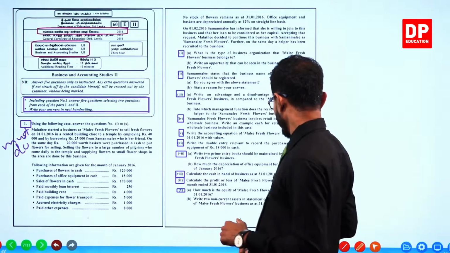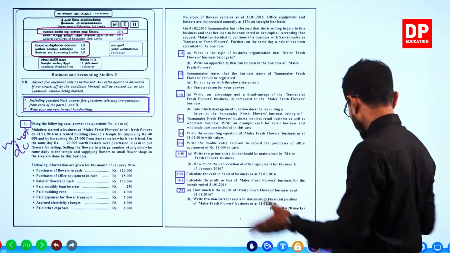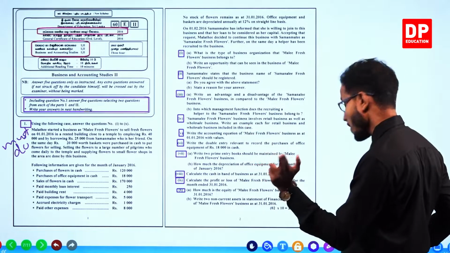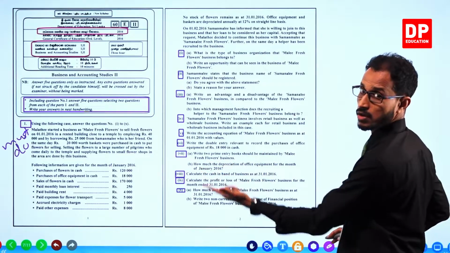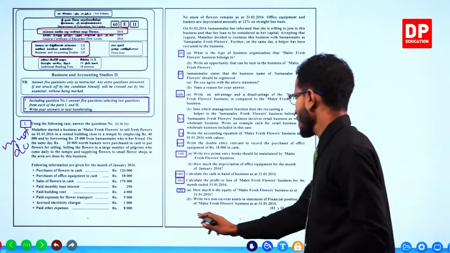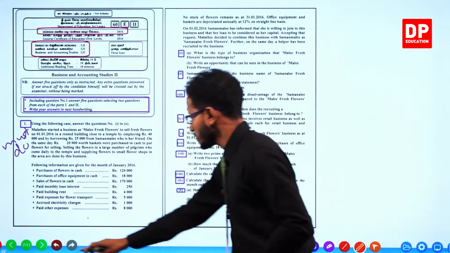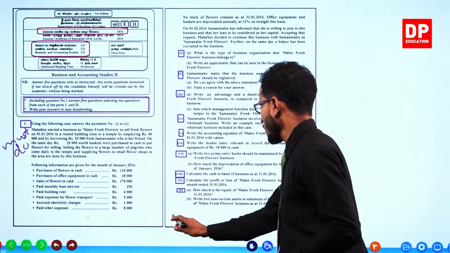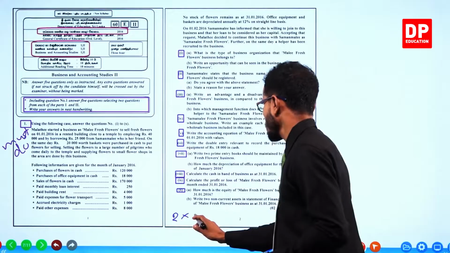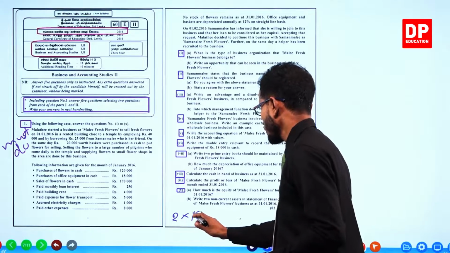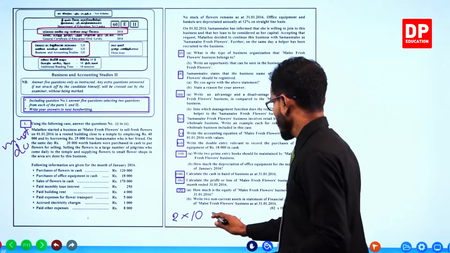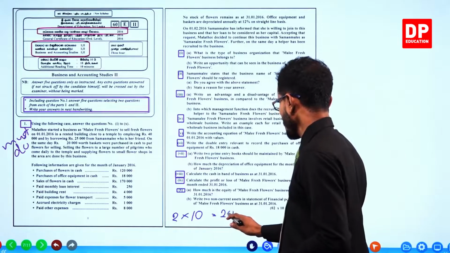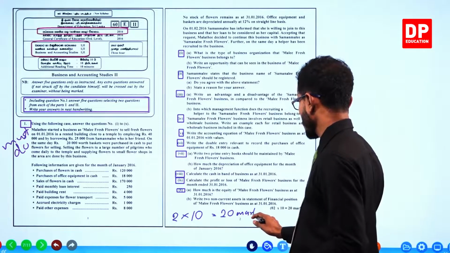How many marks do you think you're going to get for the first question? 20 marks. 2 marks for each part, and you have 10 subparts. Altogether 20 marks.